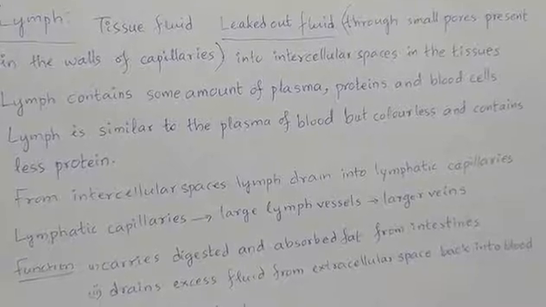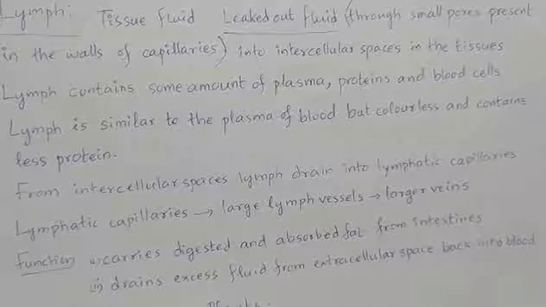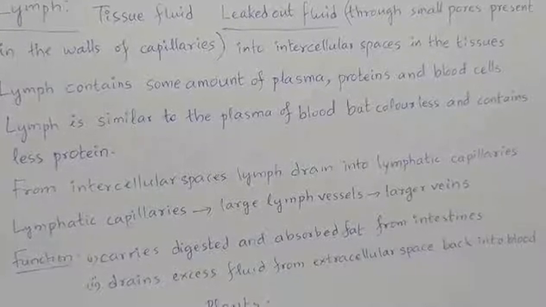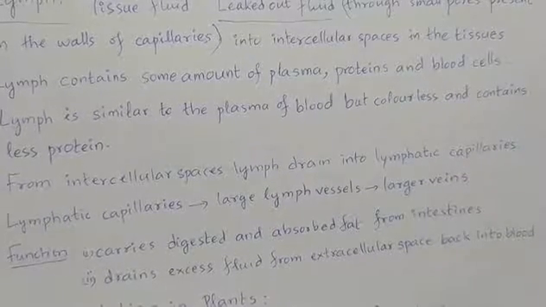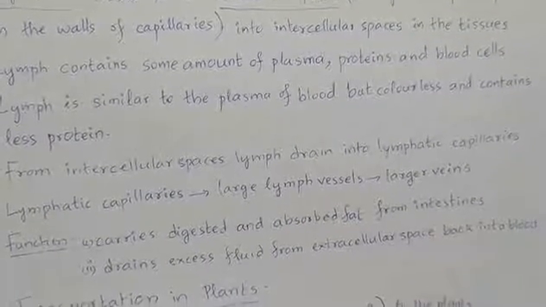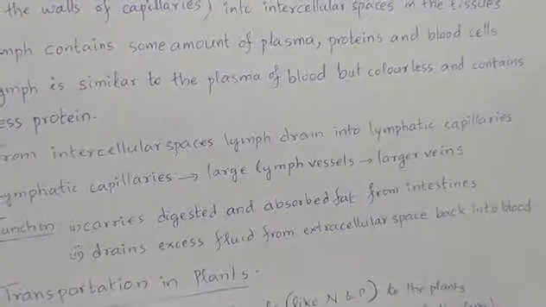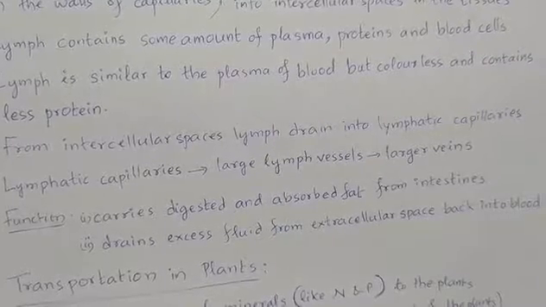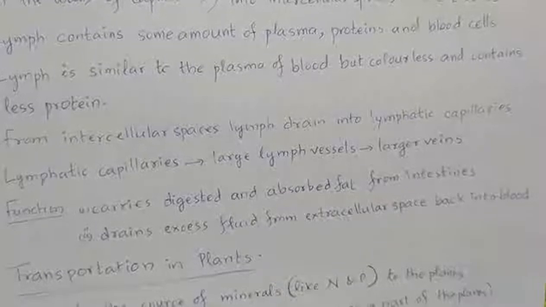This lymph, or the intercellular fluid, interstitial fluid or tissue fluid, contains some amount of plasma, some amount of proteins and some amount of blood cells. Unlike actual blood, wherein the full plasma, the full amount of proteins and the full amount of blood cells are present, in lymph only some plasma, some proteins and some blood cells are present.